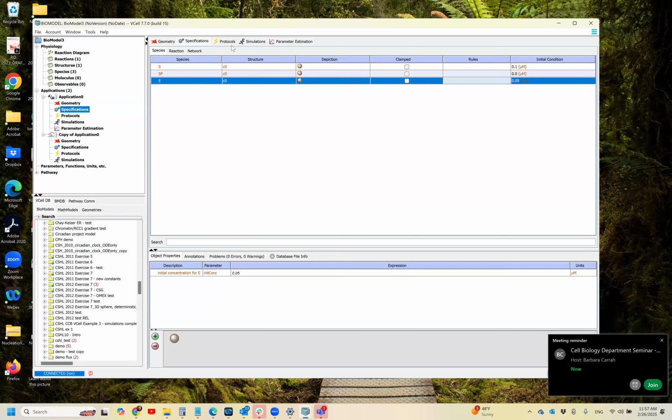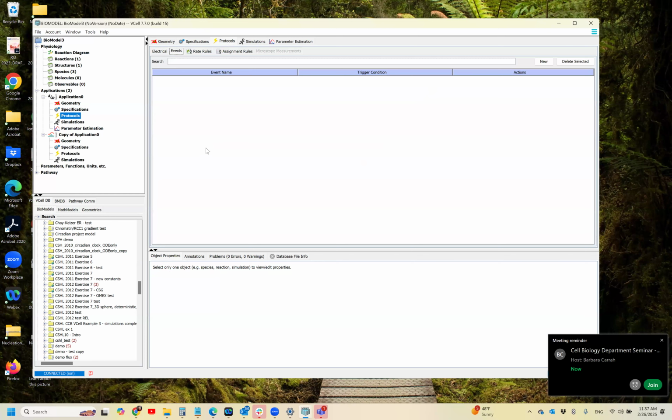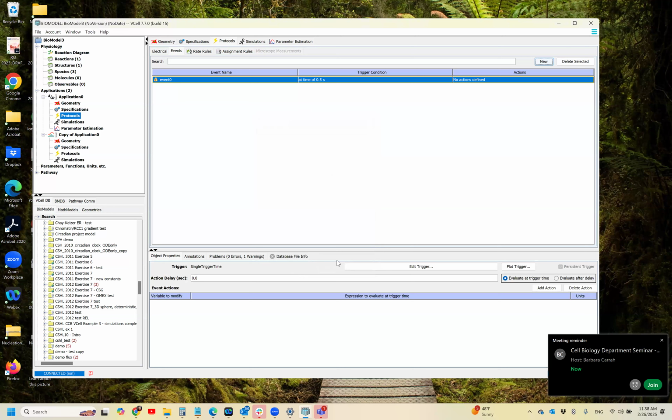A much more powerful way of doing that is with defining so-called events. We can define an event, let's say at a single time point, at time point 0.5, or when a certain variable exceeds a value or goes below a value, or at different times when you want to apply stimulation. There's a number of different predefined trigger conditions.